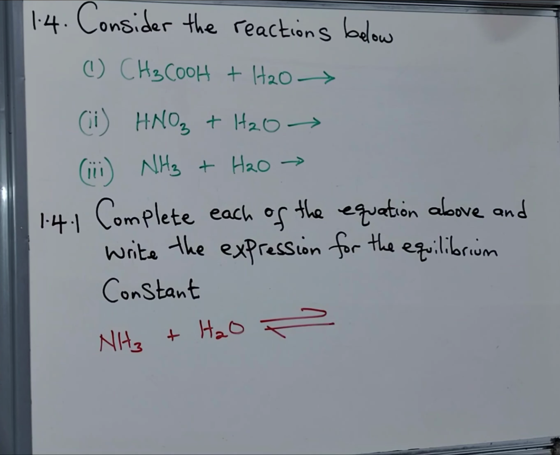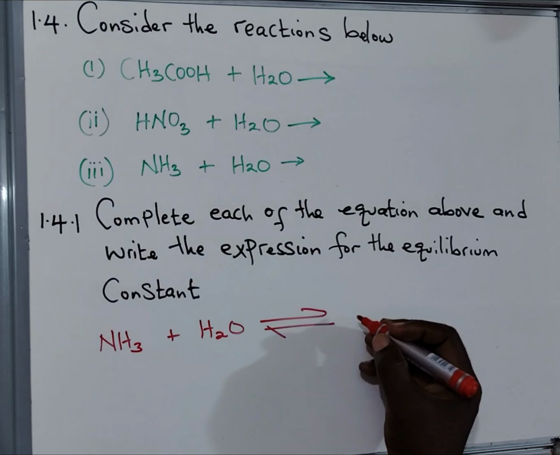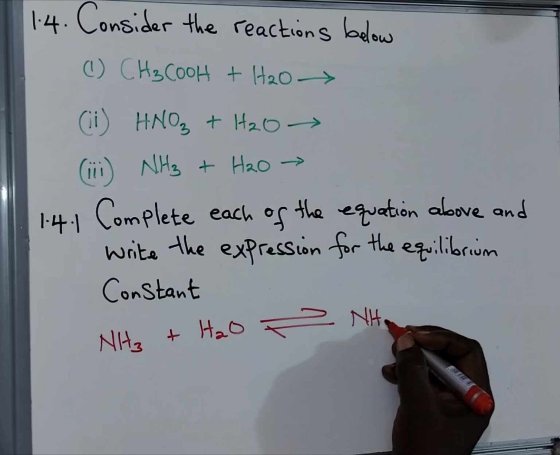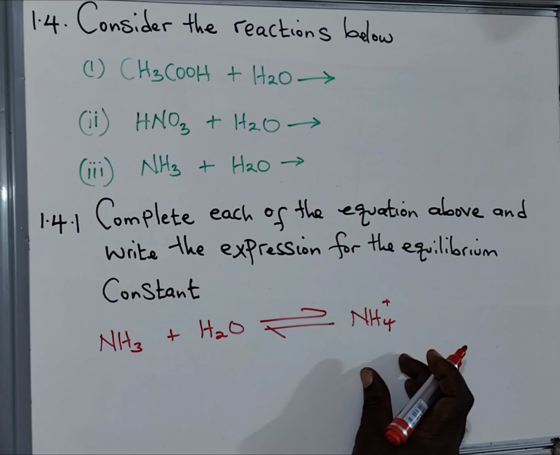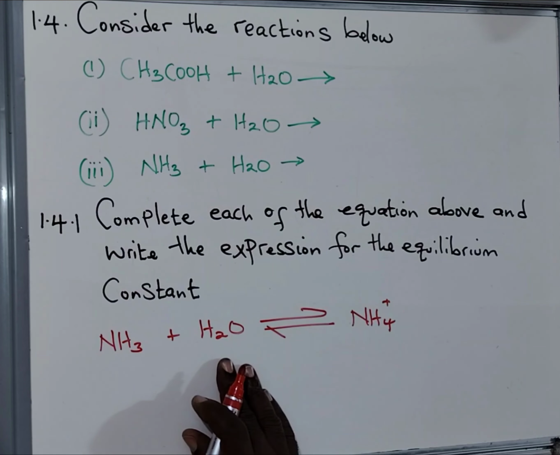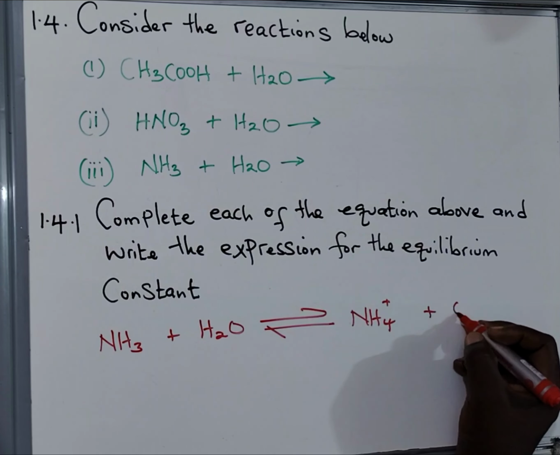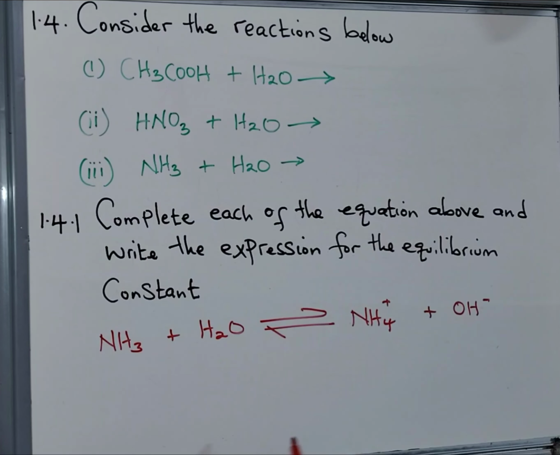It says an acid is a proton donor and the base is a proton acceptor. So this one being our acid, it will donate a proton here. When ammonia gets a proton, it becomes ammonium ion. It was neutral, so it's now positively charged. And when water lost a proton, it became a hydroxide ion. So that's the reaction.